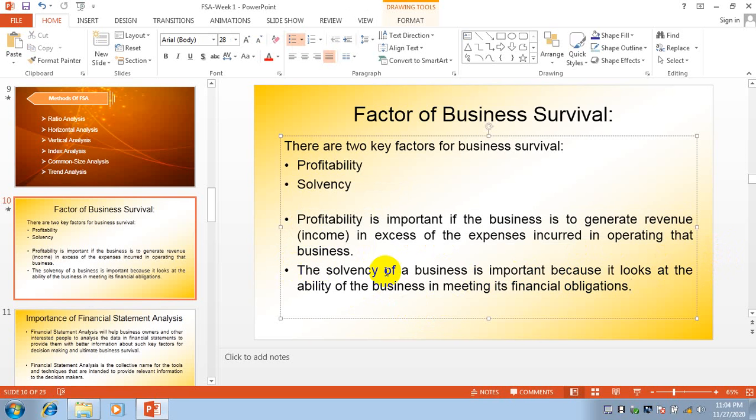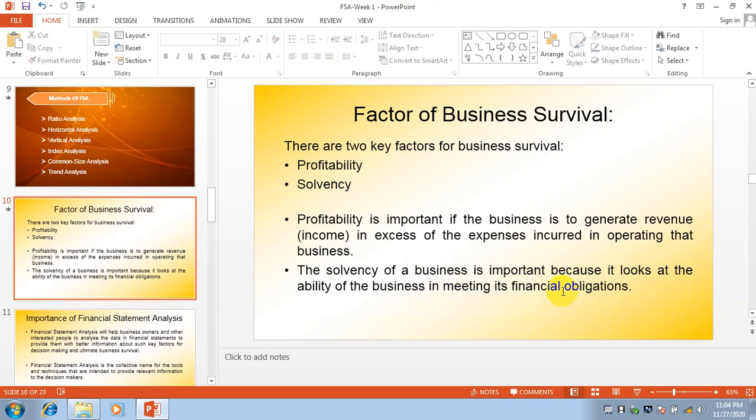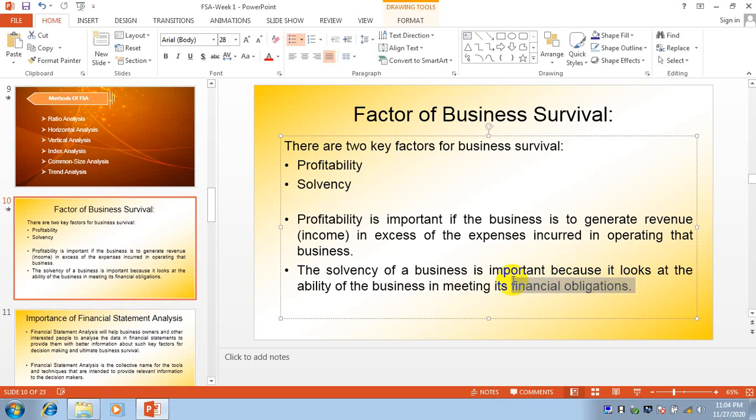Solvency. The solvency of a business is important because it looks at the ability of the business in meeting its financial obligations. Financial obligations means if a business took debt, solvency shows that the firm can pay its debts plus interest on time, that it can pay its financial obligations on time.